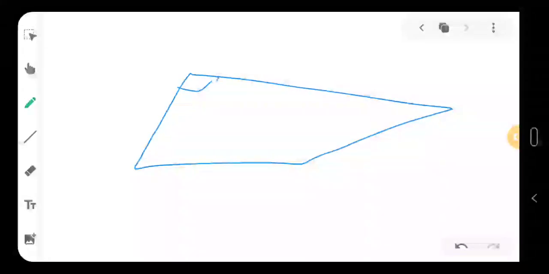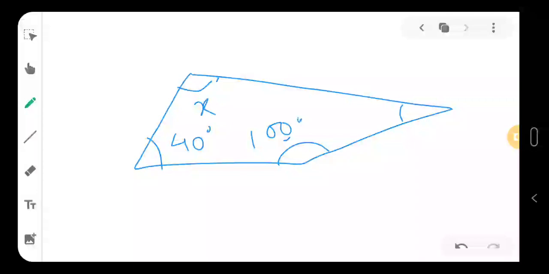Here we have an angle X, and this is let's say 40 degrees, this is let's say 100 degrees, and let's say this is 10 degrees, and you have to find out what x is.